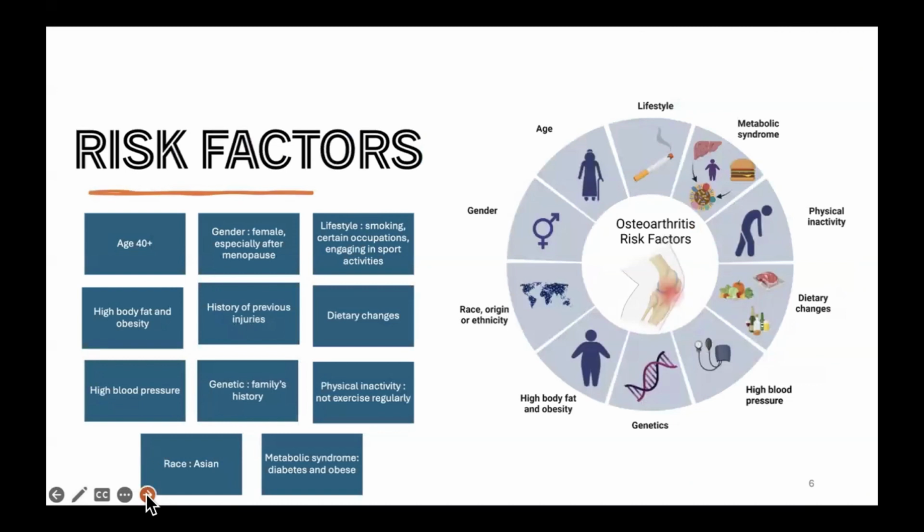Secondly, lifestyle choices such as smoking, occupations that involve physical labor, or engaging in certain sports or activities can elevate the risk because of the frequently repeated stress or possible injury. Additionally, obesity is another major concern because it adds extra weight on weight-bearing joints such as the knee and hip, which ultimately results in OA or worsening of symptoms if the individual is already diagnosed with OA, and there are many other risk factors as you can see here.